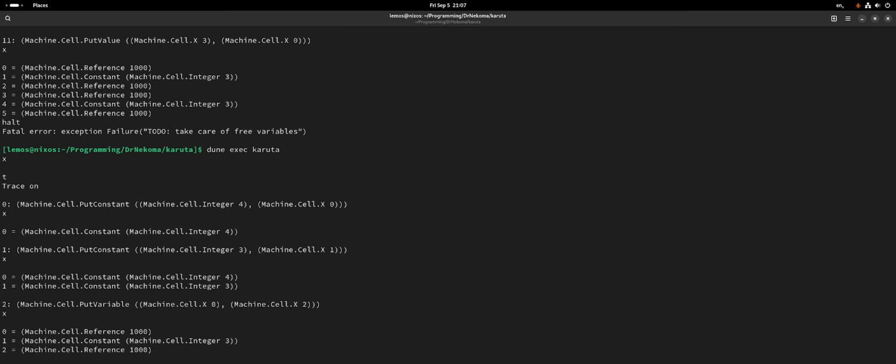Look. Wait a second. We're doing a put variable from x0 to x2. That doesn't make sense, does it? It really doesn't. So this is a problem with the code generation. No, this is actually a problem with the register allocation, Lemos.